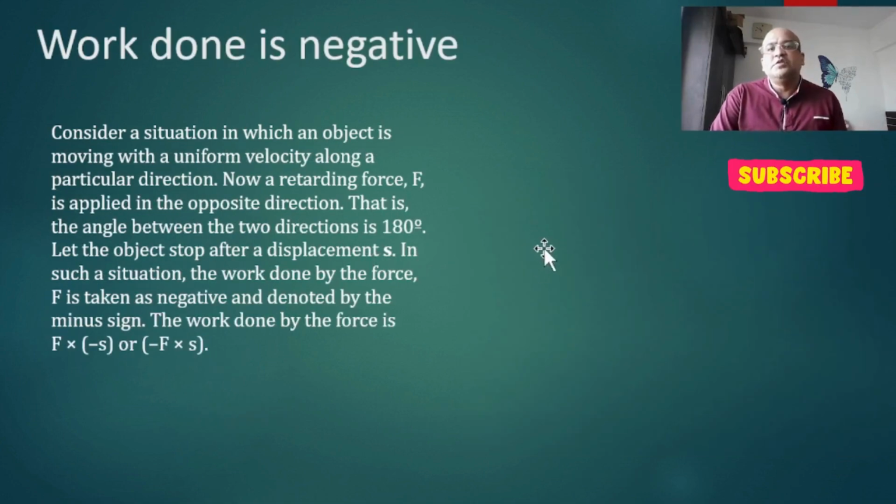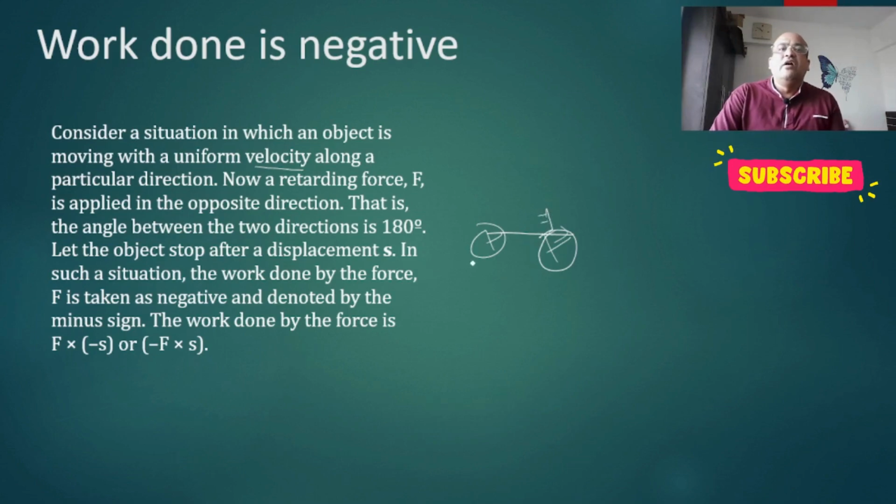Now let's see a situation when the work is a negative work. Let's consider a situation in which an object is moving with a uniform velocity along a particular direction. For example, you have a bicycle which has been moving with a uniform velocity.